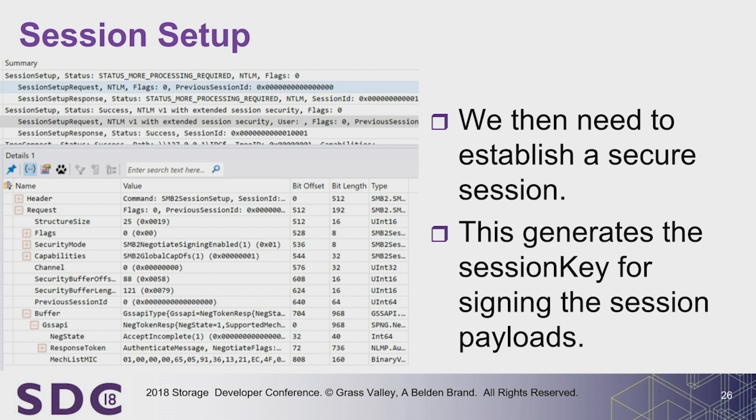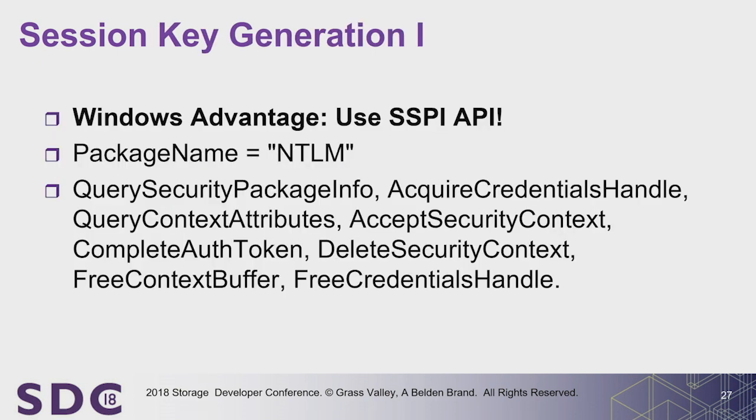So then there's a little bit more to do. We do need to deal with the session chatter. It's going to connect over to a session and do a bit of logging in and authentication. And this process generates the session key for the connection that you've just made. And that's important. But it's much easier in user mode on Windows because there's all these lovely APIs we can call.